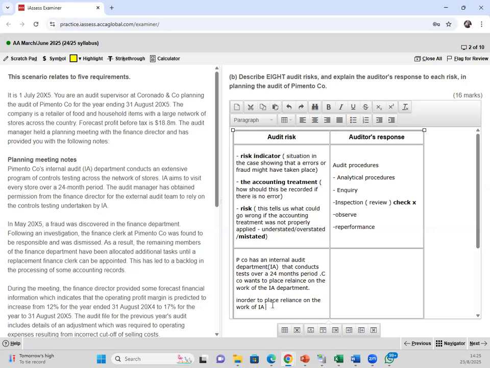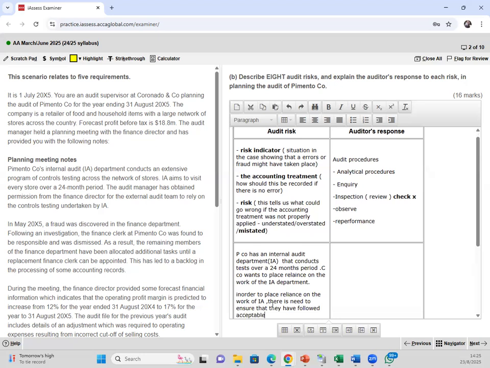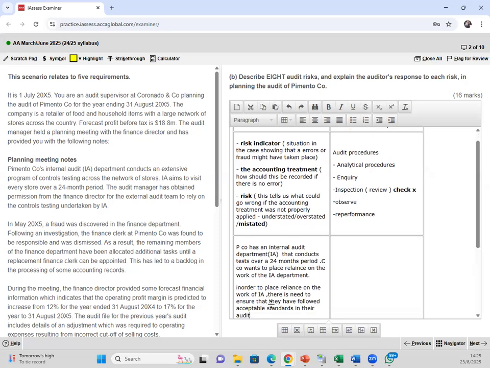So in order to place reliance on the work of the IA, there is need to ensure that they have followed acceptable standards in their audit, and maintained independence.